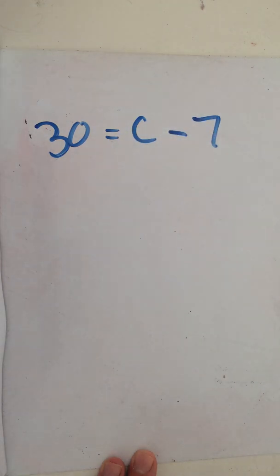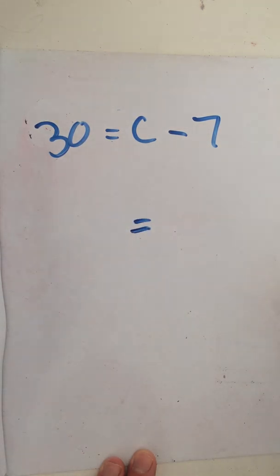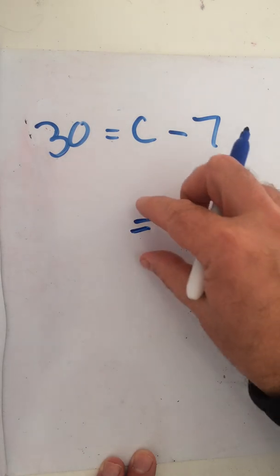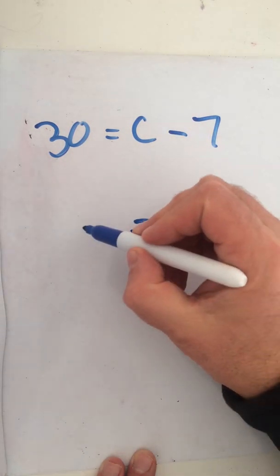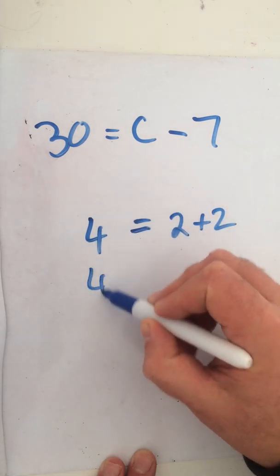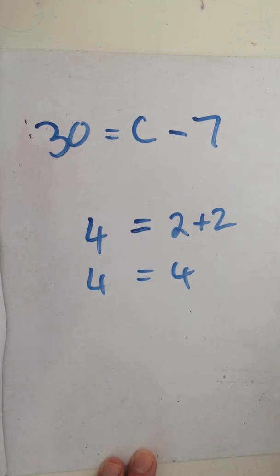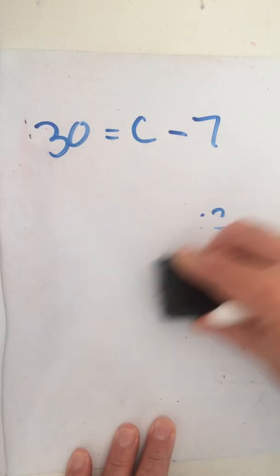Now I can just solve that nice and easily, okay? Because with an equal sign, it doesn't matter what side the numbers are. All an equal sign tells me is the value on this side is the same as that. So this tells me that 4 is equal to 2 plus 2, okay? Because 4 is equal to 4. Okay, so we don't need to worry about what side the letter is.